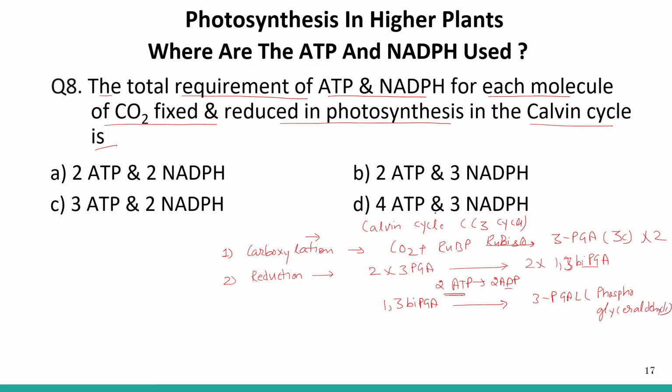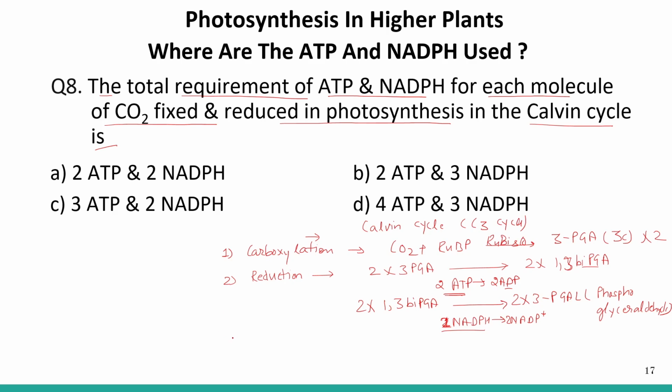Here again, what is used? NADPH is converted into NADP plus. You have to remember this one. Because there are two molecules here, two NADPH are used and two NADP plus are produced here.